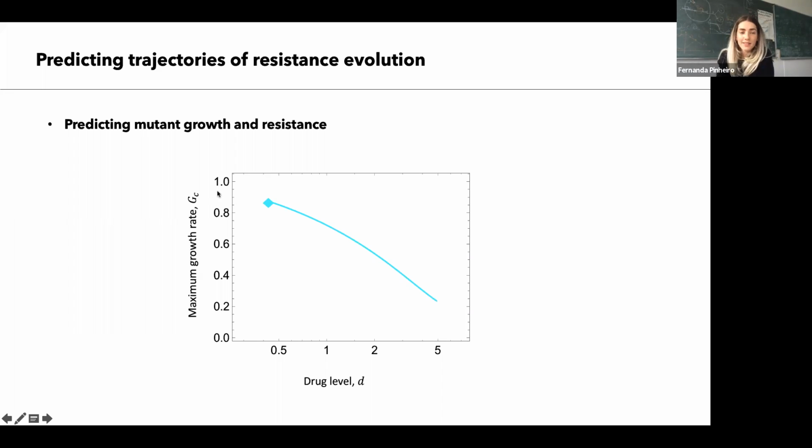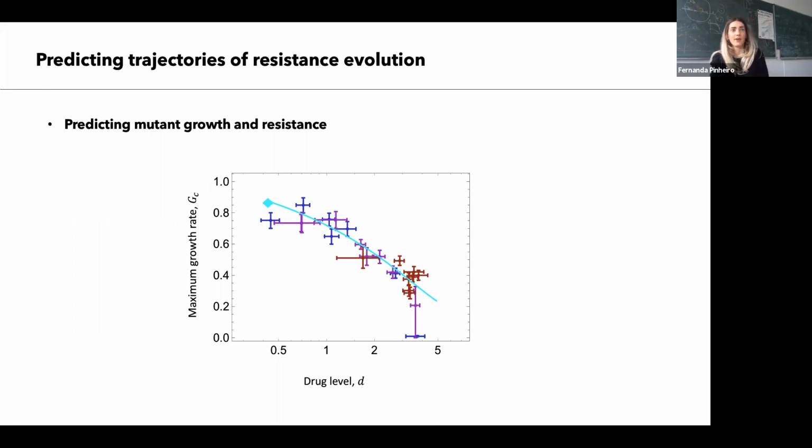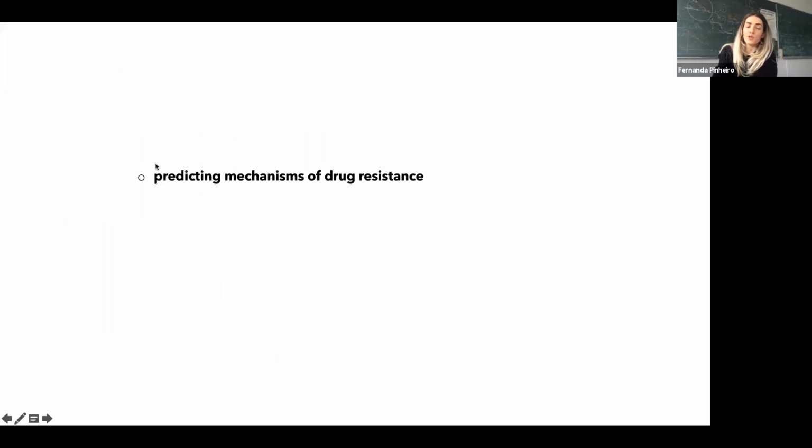And when we plot it against our prediction line, what we see is again a very good agreement with the data. Okay, so now the idea is that we can start using this to predict optimal mechanisms of drug resistance if we just compare the optimal growth trajectories that come from different mechanisms.